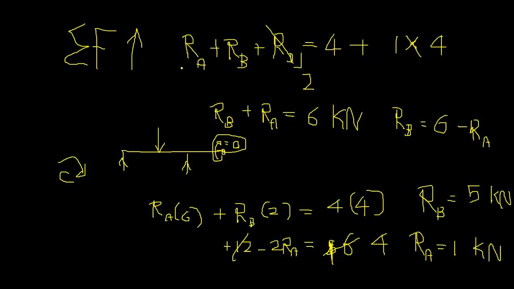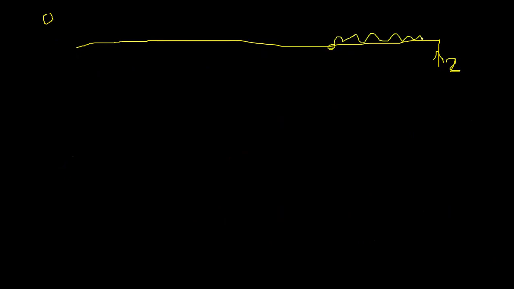So the first region between 0 to x. So I will draw that beam. So RD is 2, the hinge is there. It is 1 kilonewton per meter, right? So here it's 5.